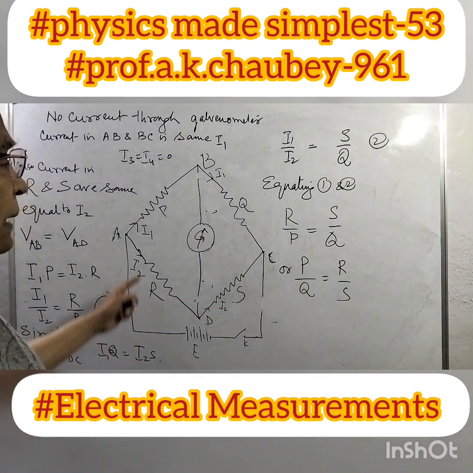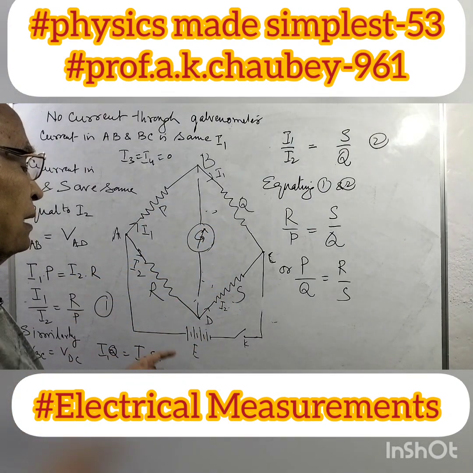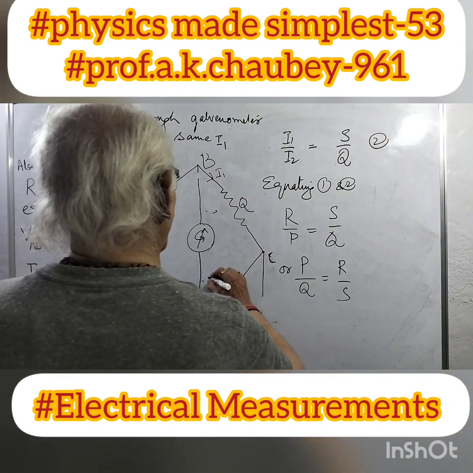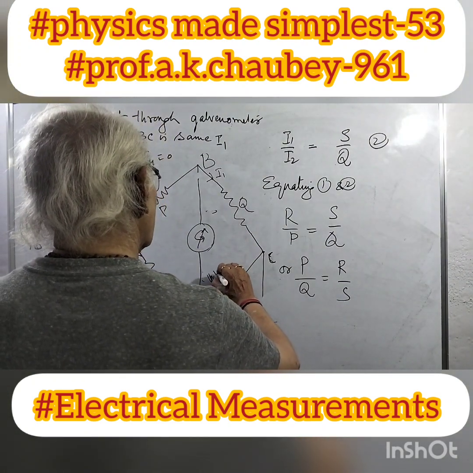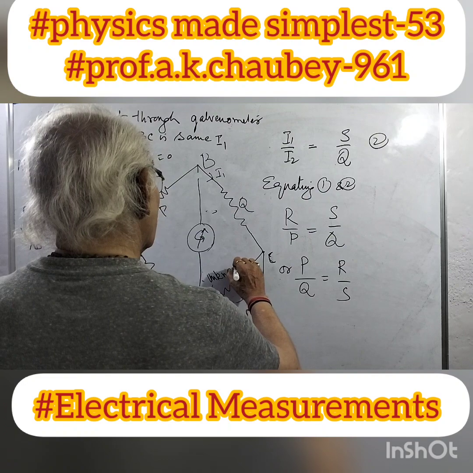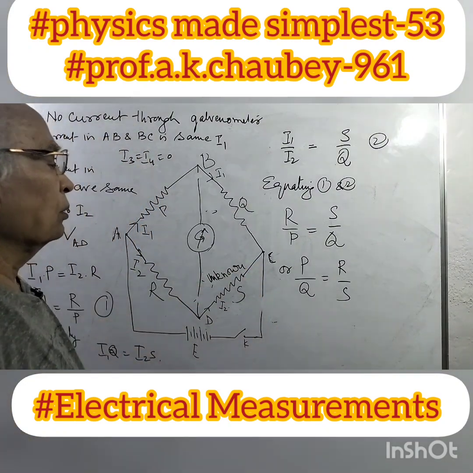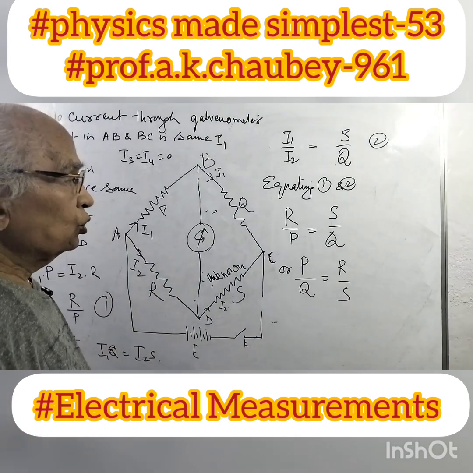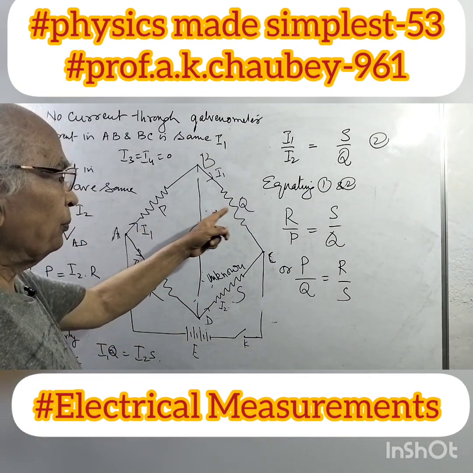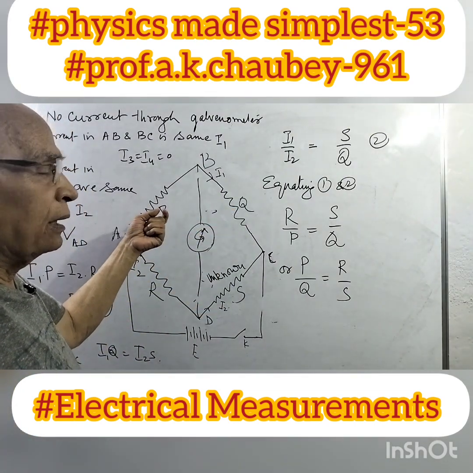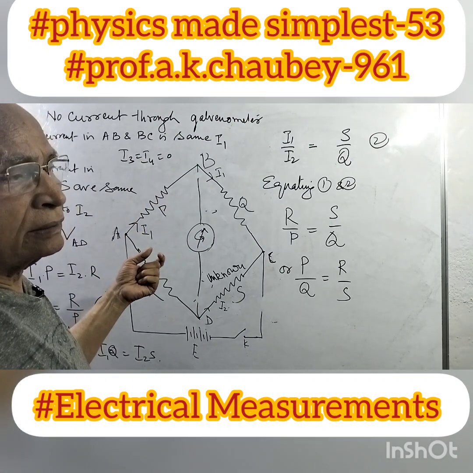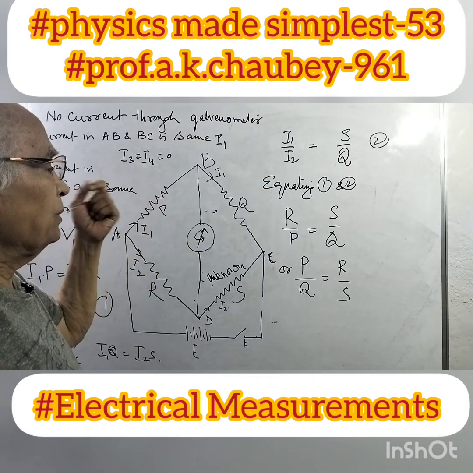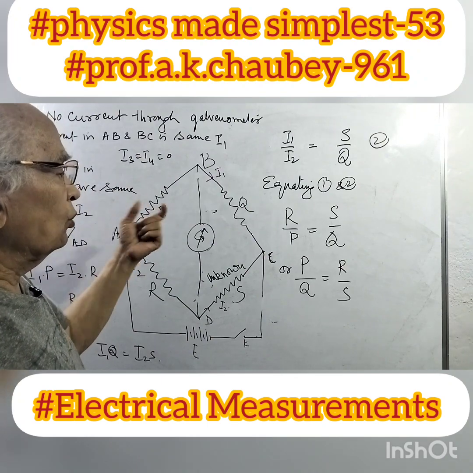A circuit made like this, 4 arms of resistances. Well, this may be, suppose, unknown, and these may be known. So what do we call? We put here some resistance boxes, and from the resistance boxes we take some values P and Q out.